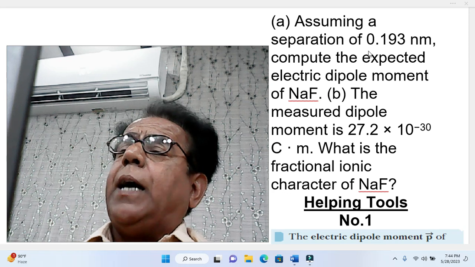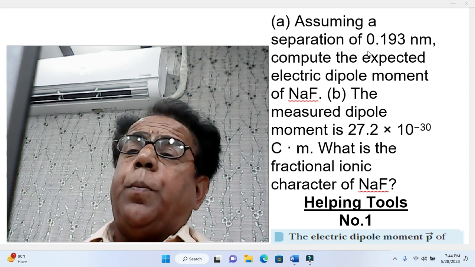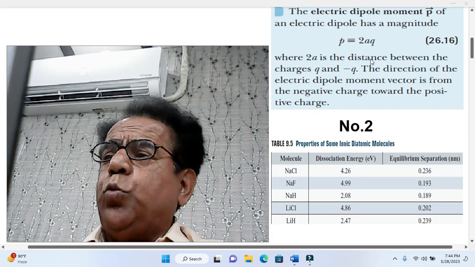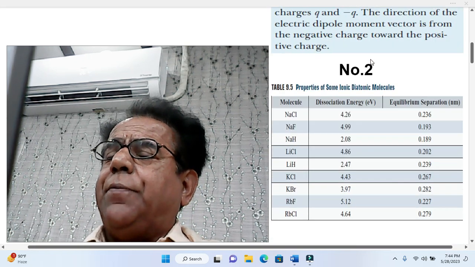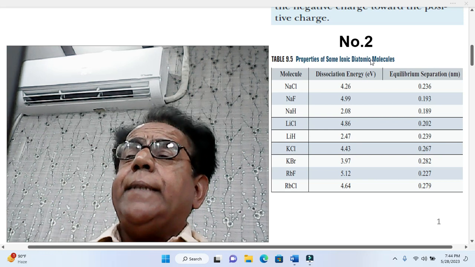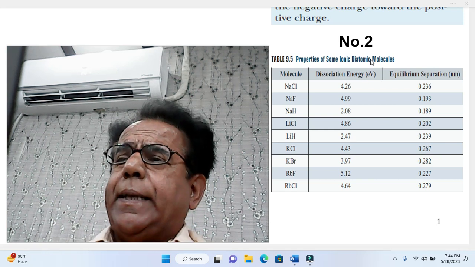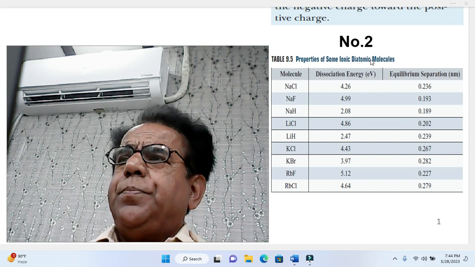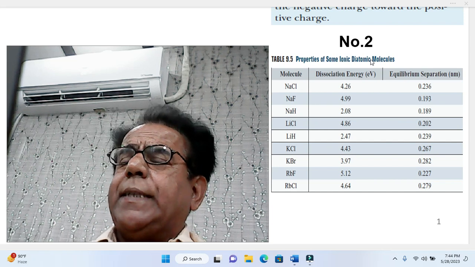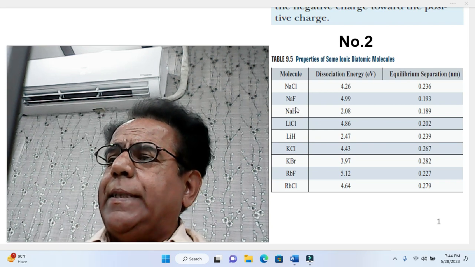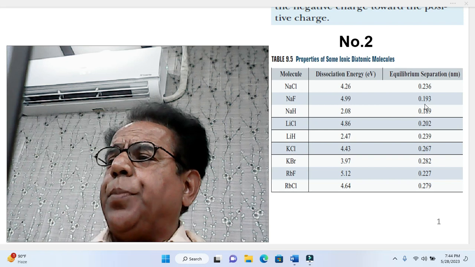We do not need that table, but the purpose of including this table in our toolkit is just to develop confidence or satisfaction about this value given in the second row.